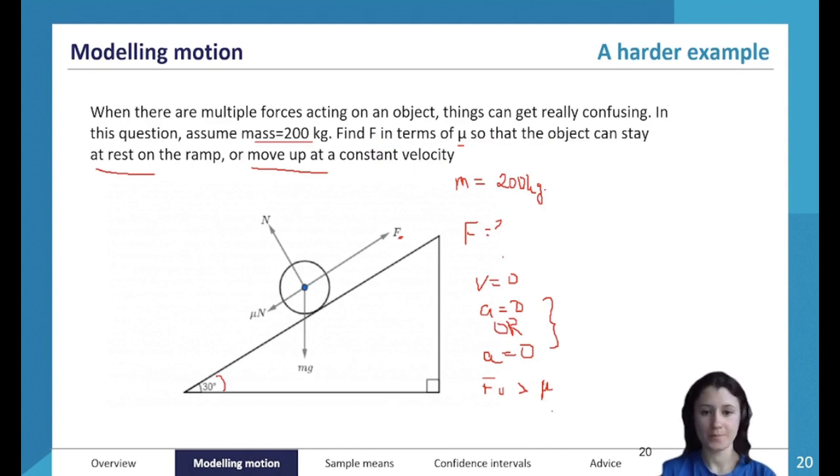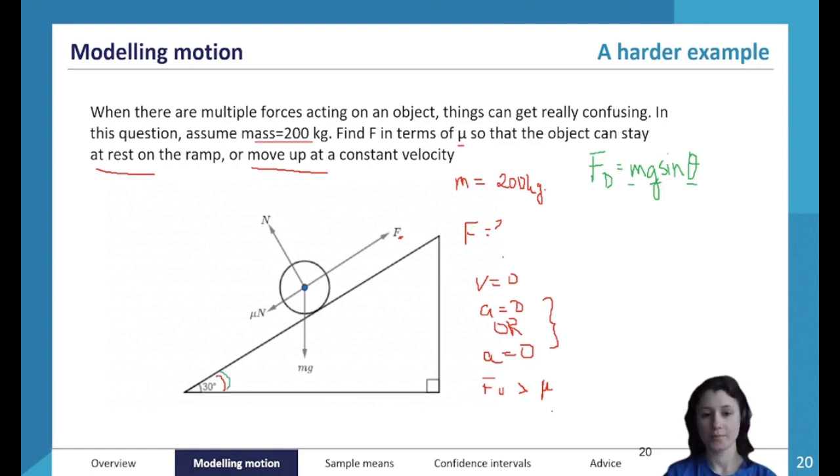So we know what the force down the plane will be equal to, and this is a formula that you need to remember. So the force, I'll just call it force down the plane, is equal to mg sine theta, where m is the mass of the object, g is 9.8, acceleration due to gravity, and theta is the angle of incline.